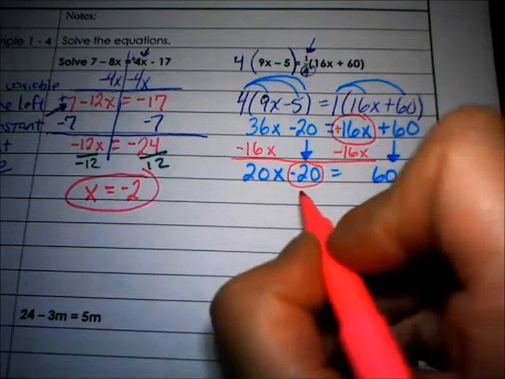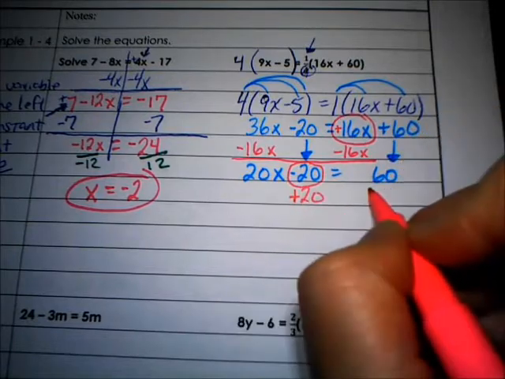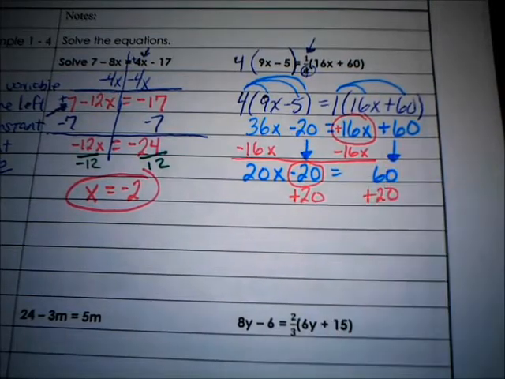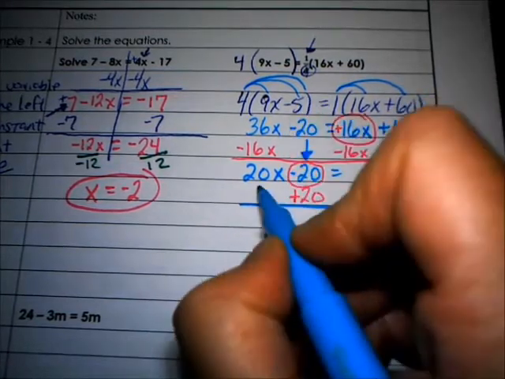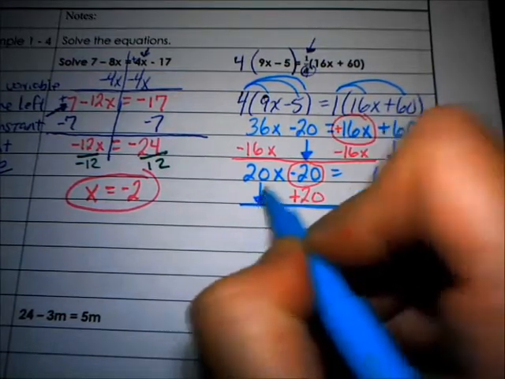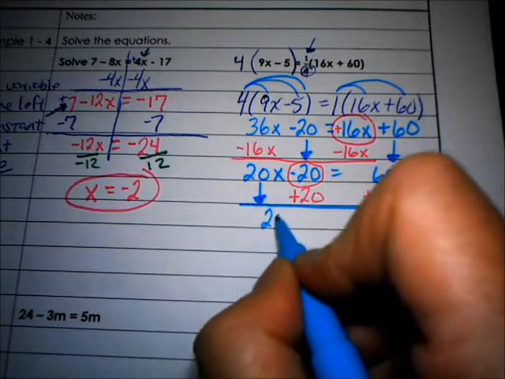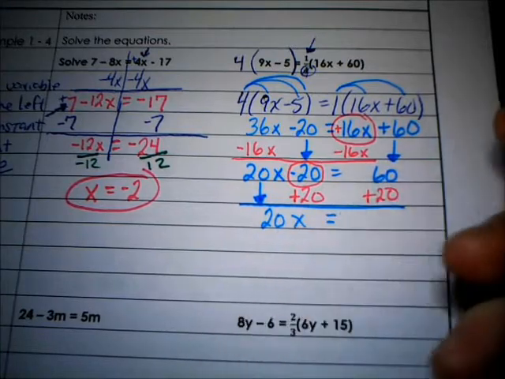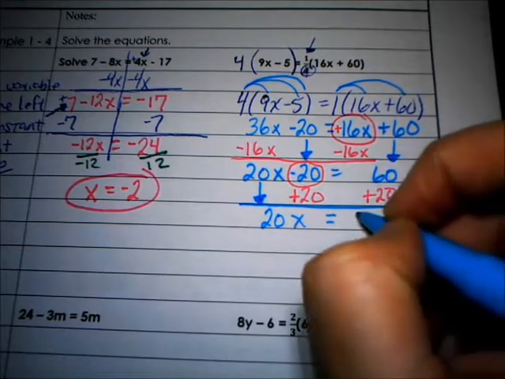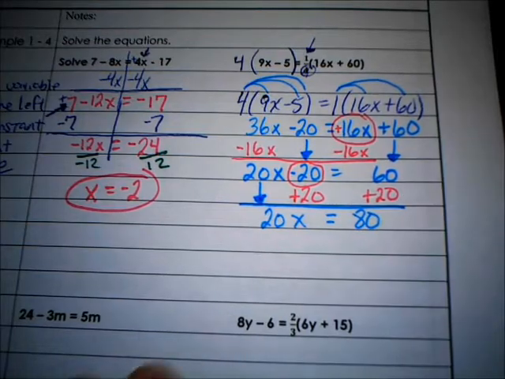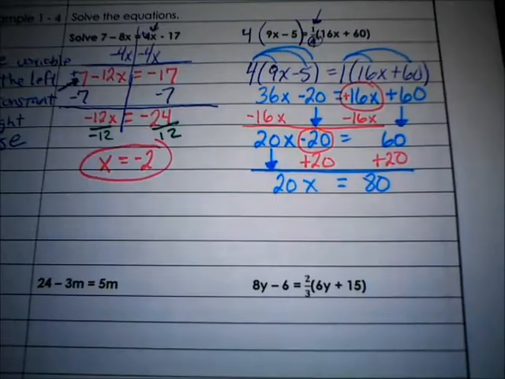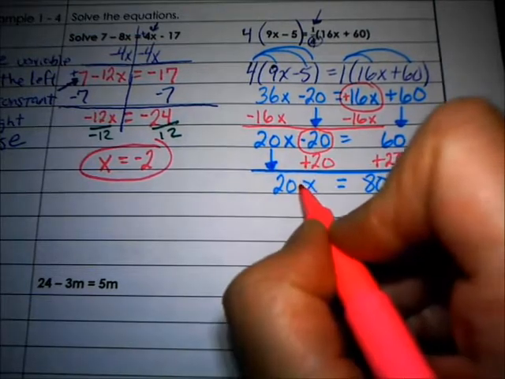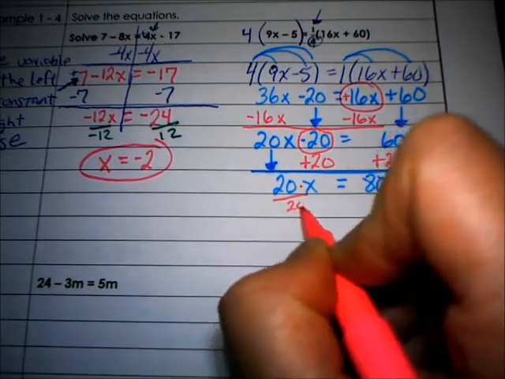Whenever I combine this, the variable with the coefficient, 20x, just brings down, equals, and then 60 plus 20 is now 80. And my third step is to do the inverse. The inverse of a multiplication, because that's what this is, is to divide. And the result is x is equal to 4.